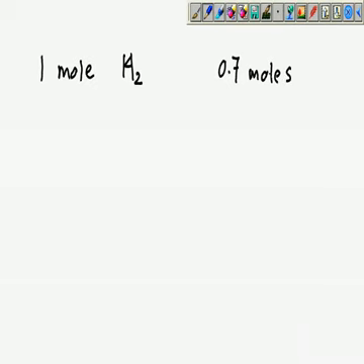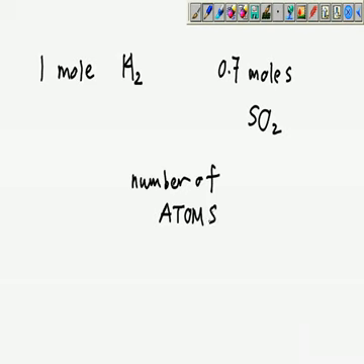Now the key question is, which has the greater number of atoms? They are not asking for the greater number of molecules. Okay, so they ask which one has more atoms.